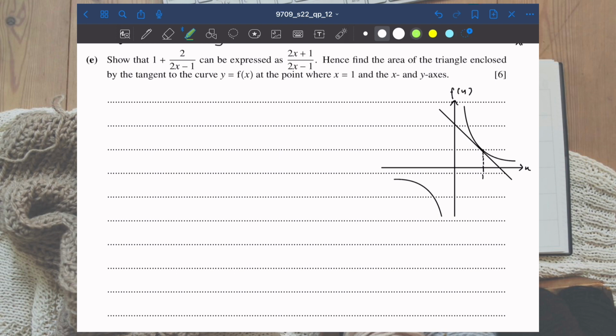So first, show that 1 plus 2 over 2x minus 1 can be expressed as 2x plus 1 over 2x minus 1. So show. 1 plus 2 over 2x minus 1. 1 can also be written as 2x minus 1 over 2x minus 1.